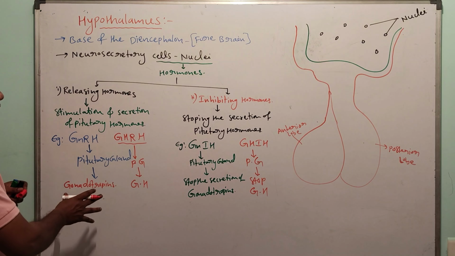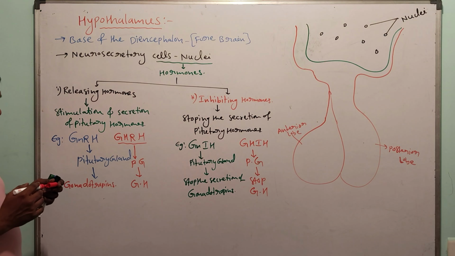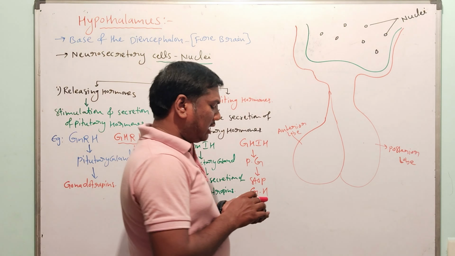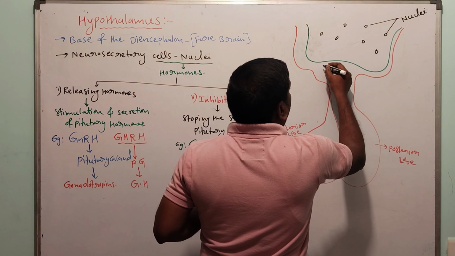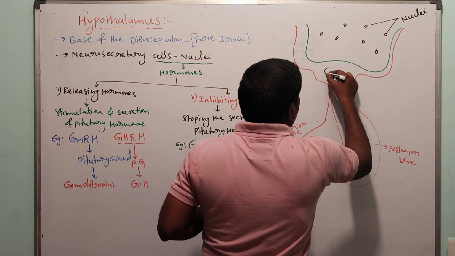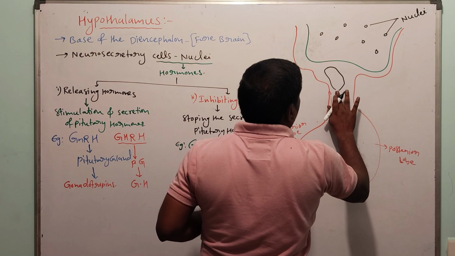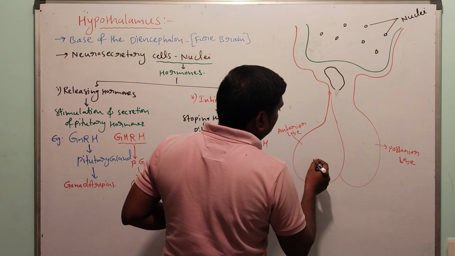So these are the releasing hormones and the inhibiting hormones, and they are transferred from the hypothalamus to the pituitary. These hormones enter into the anterior pituitary through the portal circulation.